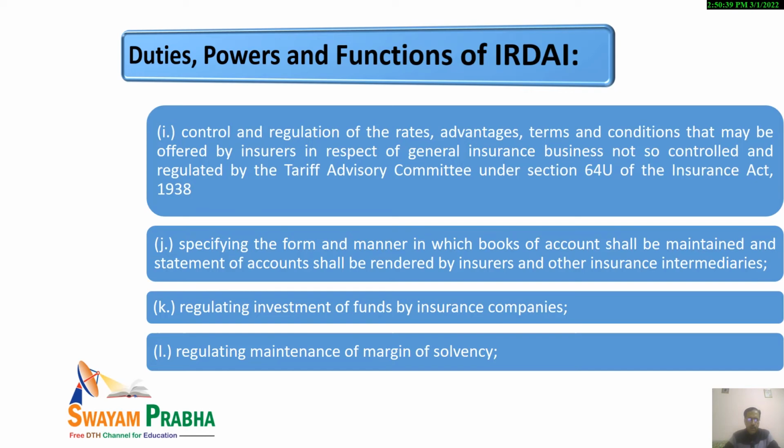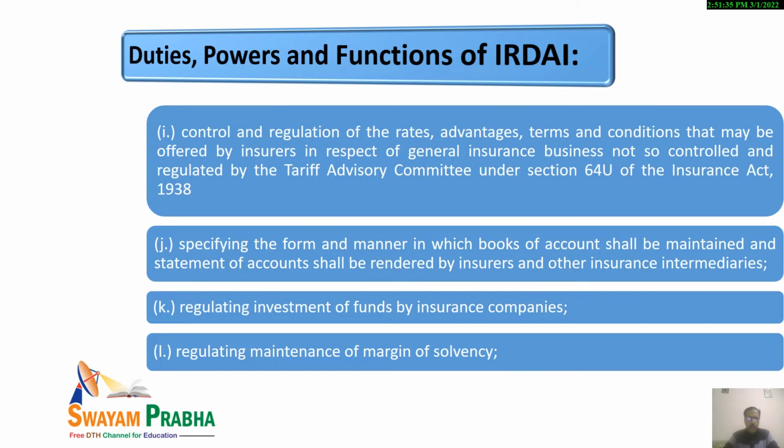So in what form the books should be kept, and the manner, the form in which statements of accounts will be rendered by the insurance companies operating in India and various other insurance intermediaries, each and everything should be specified by IRDAI. It is empowered to issue guidelines and make specifications, and these guidelines will have to be adhered to by the various insurance companies and other insurance intermediaries operating in India.